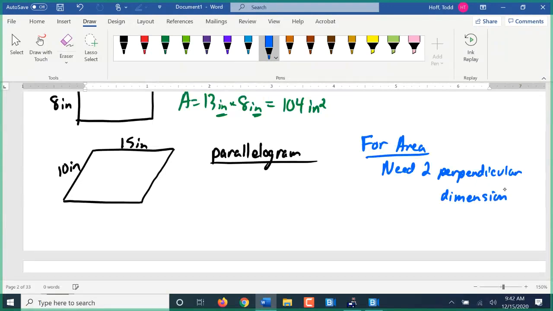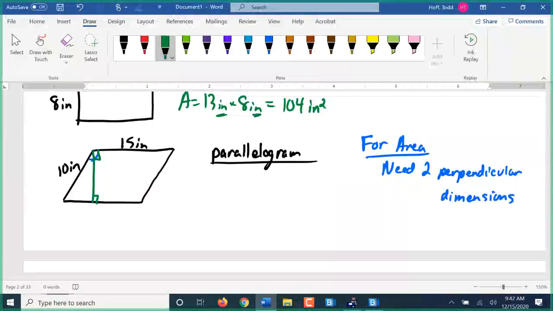Remember, perpendicular means they have to form a right angle. These two dimensions do not form a right angle. So the dimension we need would look something like this, forming a right angle to the 15.